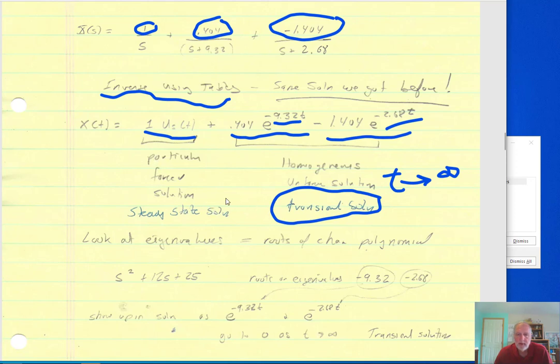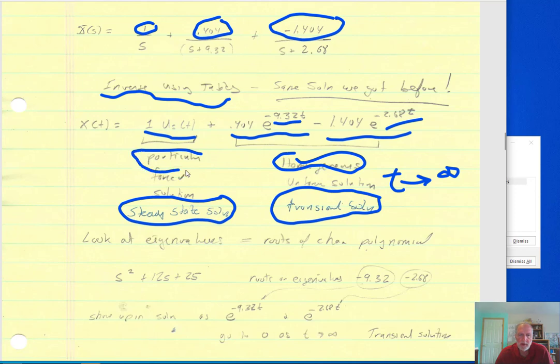So this is called the transient solution, and this is called the steady state, which means as time gets large, this just sticks around. In differential equations, this corresponds to the homogeneous solution, and this corresponds to the particular solution. Or you can call it the unforced solution and the forced response, because this thing showed up because we had the 1 over s that came from the F of s being 25 over s.